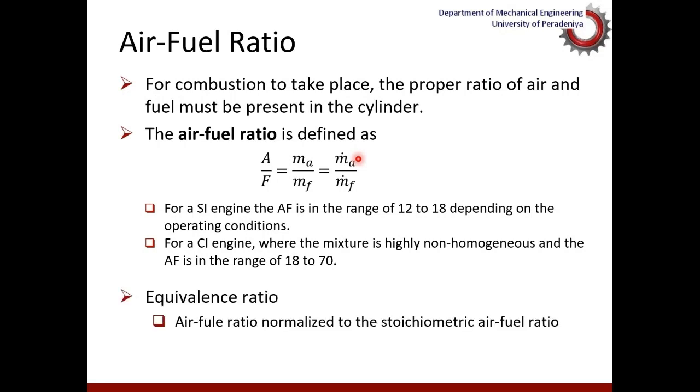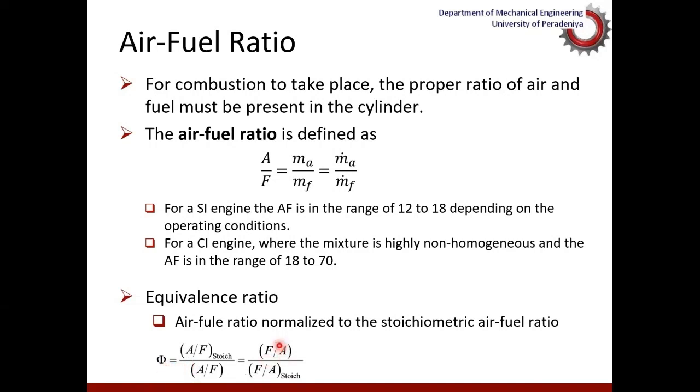The equivalence ratio is something that we prefer to use instead of air-fuel ratio in normal operating jargon, which is in fact a quantity normalized to the stoichiometric air-fuel ratio. Usually denoted by phi, the stoichiometric air-fuel ratio divided by the actual air-fuel ratio gives you the equivalence ratio. Equivalently, the fuel-air ratio divided by the stoichiometric fuel-air ratio gives you the equivalence ratio.